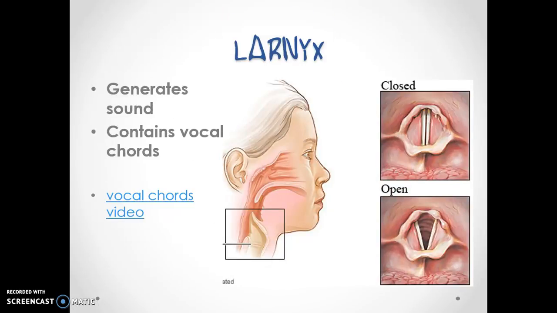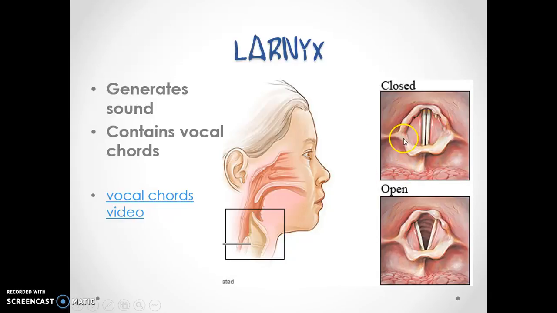Okay, next the larynx. It functions to generate sound, as it contains the vocal cords, which help us to produce sounds. There is a vocal cord video, but I can't show it because there's a lack of time.